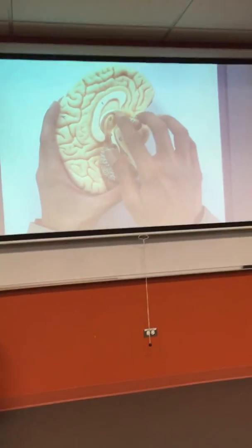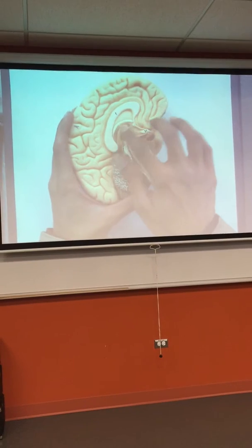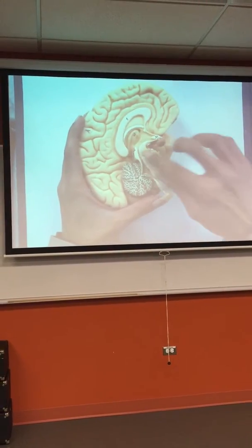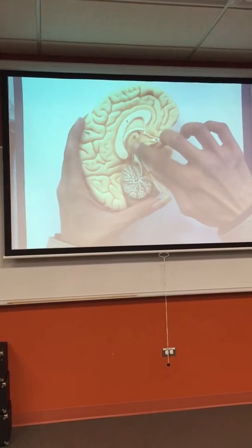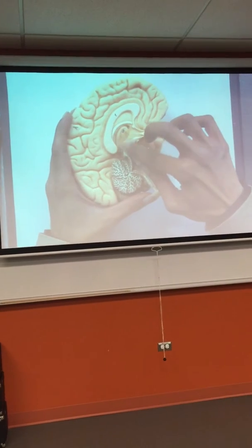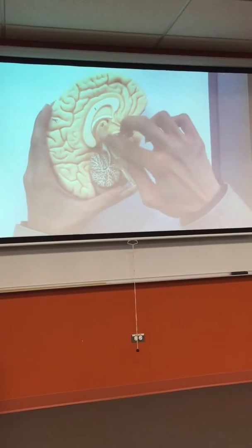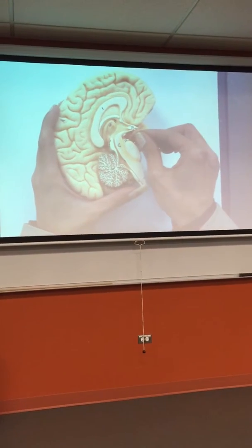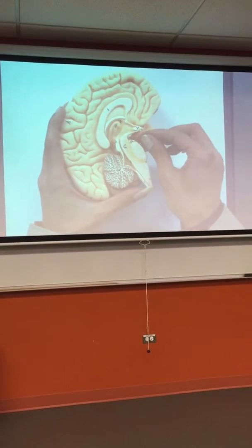Okay? Just under that is the fornix. The fornix. Okay? This pink structure right here is a gland known as the pineal gland. The pineal gland. Okay?